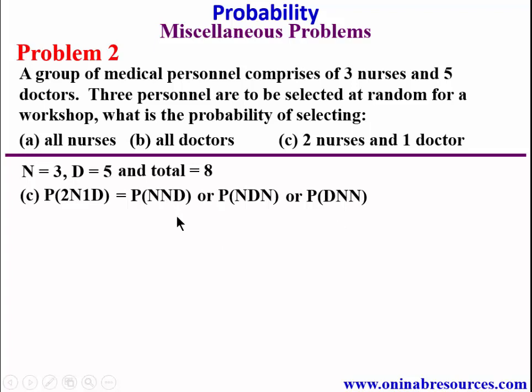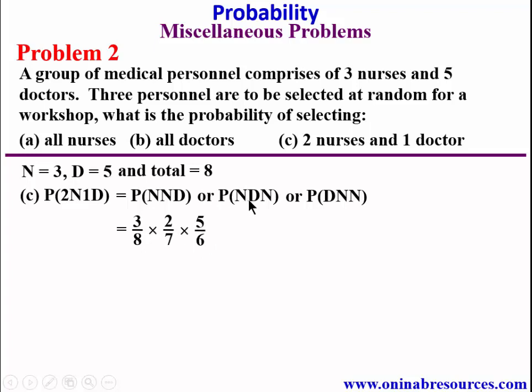So we are going to employ the method of just solving 1 and multiply by 3, so that the probability of getting the first one nurse will be 3 over 8 times the probability of the second one nurse now again will be 2 over 7, and the probability of getting the third one doctor will be 5 over 6.